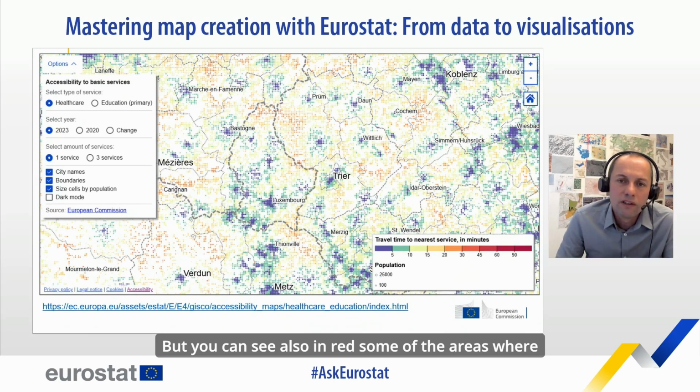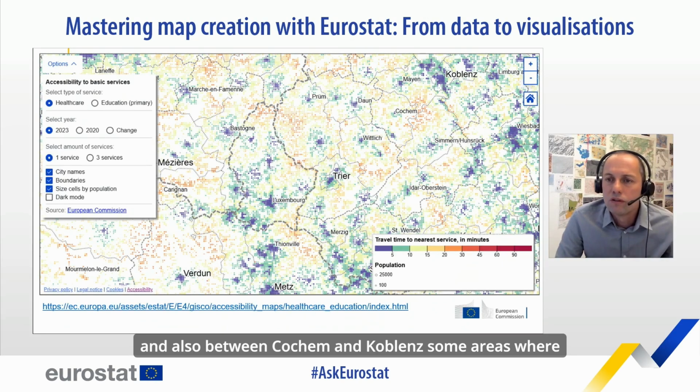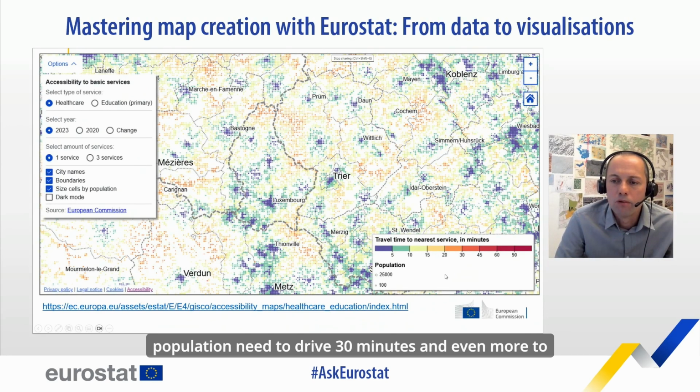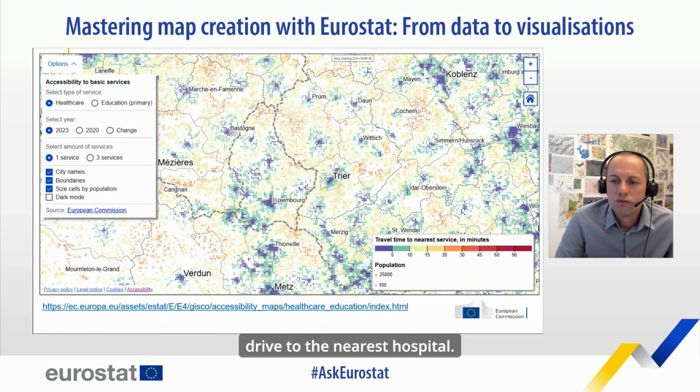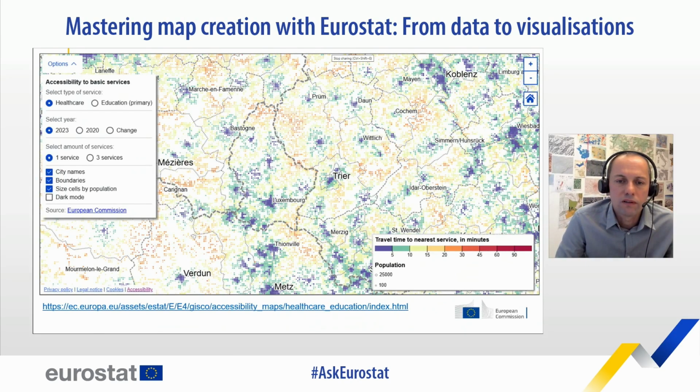But you can see also in red some of the areas where you have some significant population clusters with poorer accessibility to these services. You can see, for example, in the north of Luxembourg and also between Cochem and Koblenz, some areas where the population needs to drive 30 minutes and even more to reach the nearest hospital.